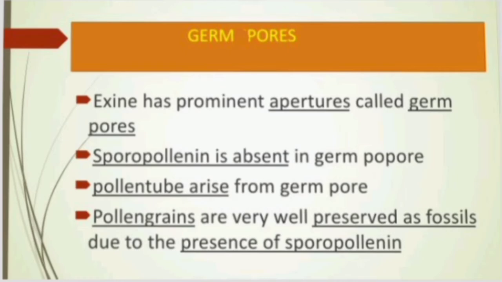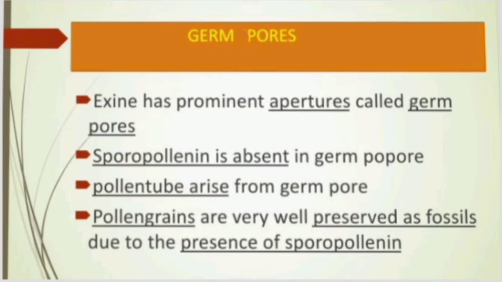Okay, and we know the pollen grain has a layer called the exine layer, that is the outermost layer, and in this exine there are small apertures called germ pores. During the course of fertilization, these germ pores form a special structure called the pollen tube. Through this pollen tube alone, the male gamete from the pollen grain goes and finds the egg, so that it fuses with the egg and fertilization becomes possible.